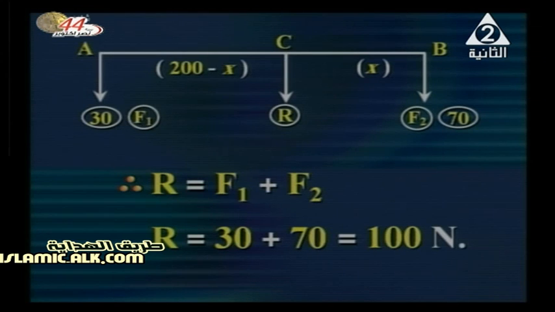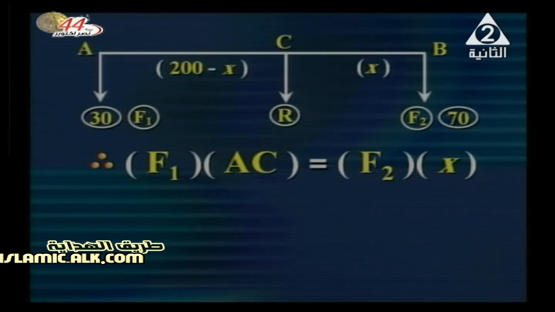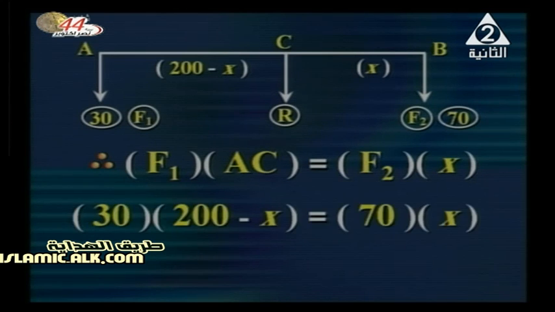After that, we find the point of action of the resultant of the two forces by using the moment about point C. F1 times AC equals F2 times x. Look at, dear student, AC equals 200 minus x. By substitution, F1 equals 30 times (200 minus x) equals F2 equals 70 times x. Divided by 10, then 3 times 200 is 600, minus 3x, equals 7x on the right hand side.